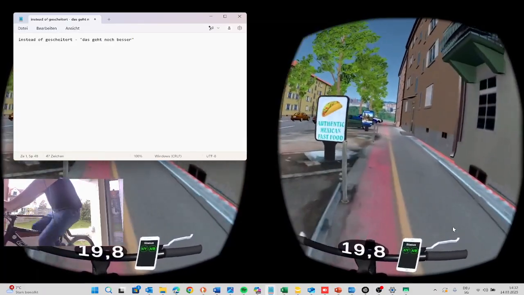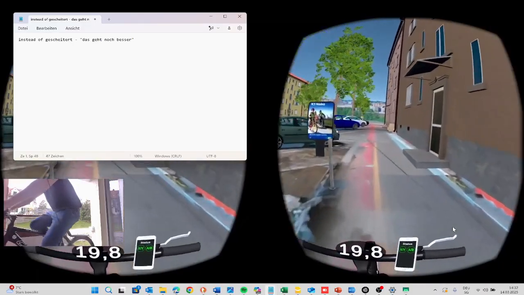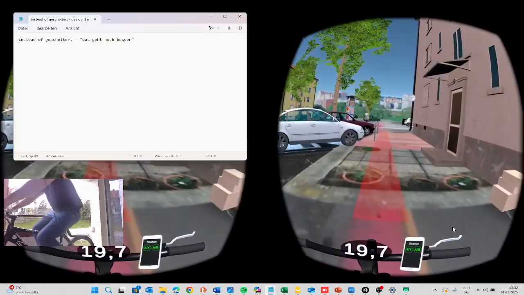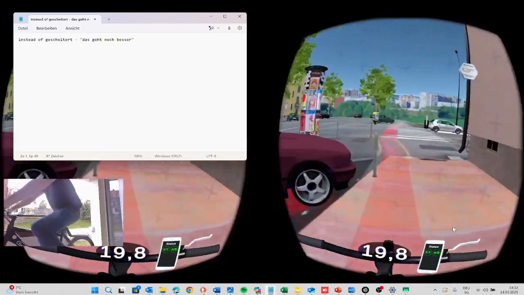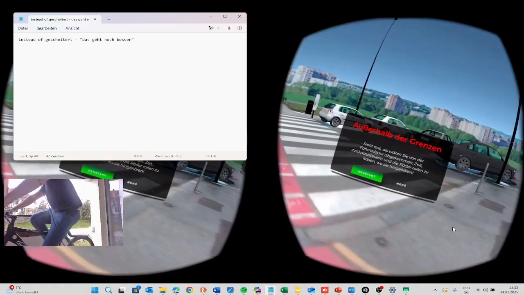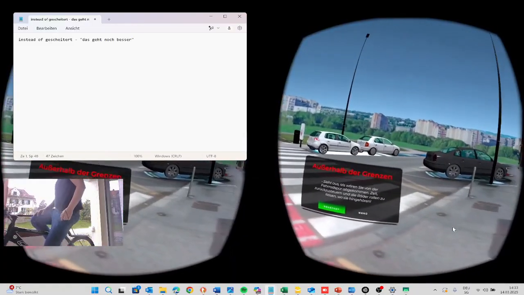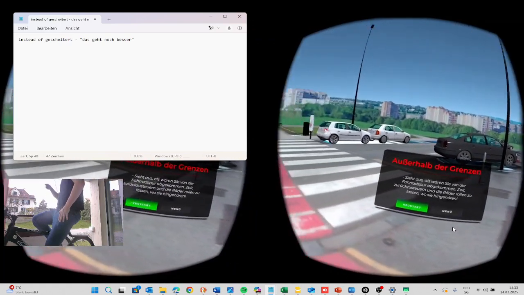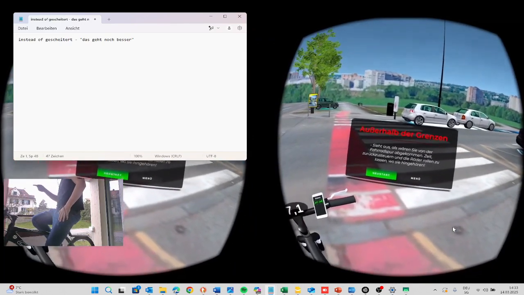Yeah, these posts are somehow strange, these posts that are appearing. Oh! Okay. I'm not sure if these cars are bigger than the white cars.